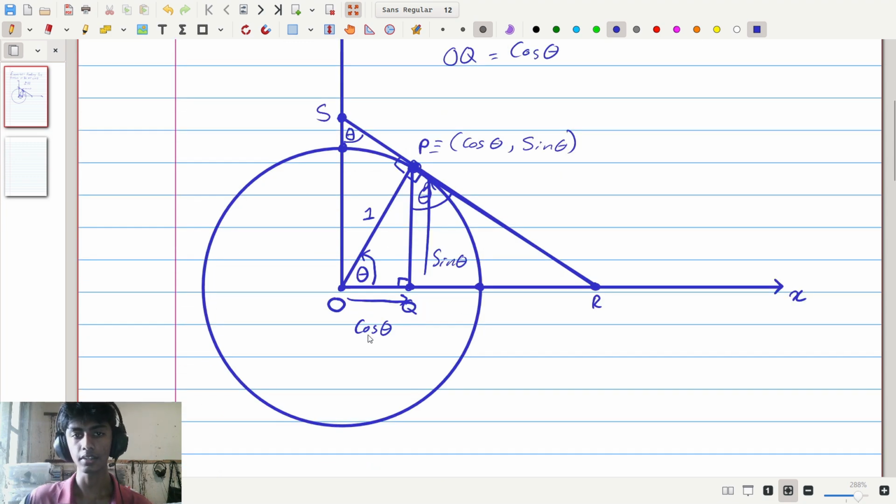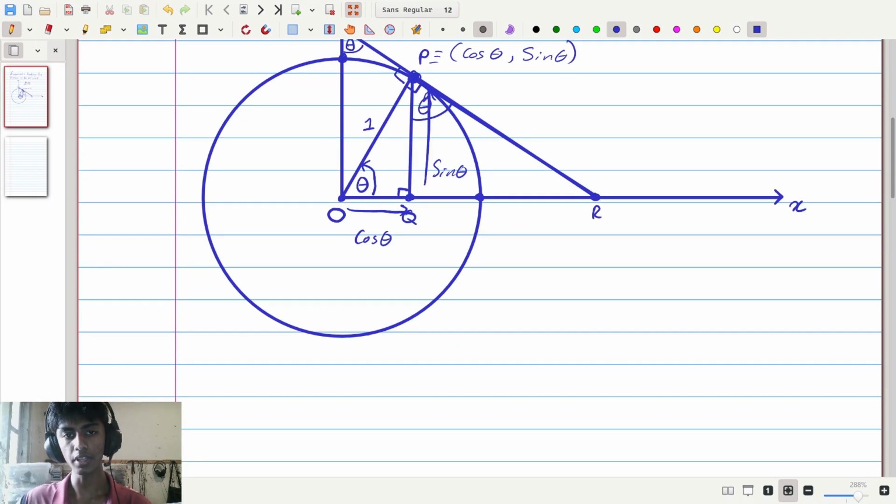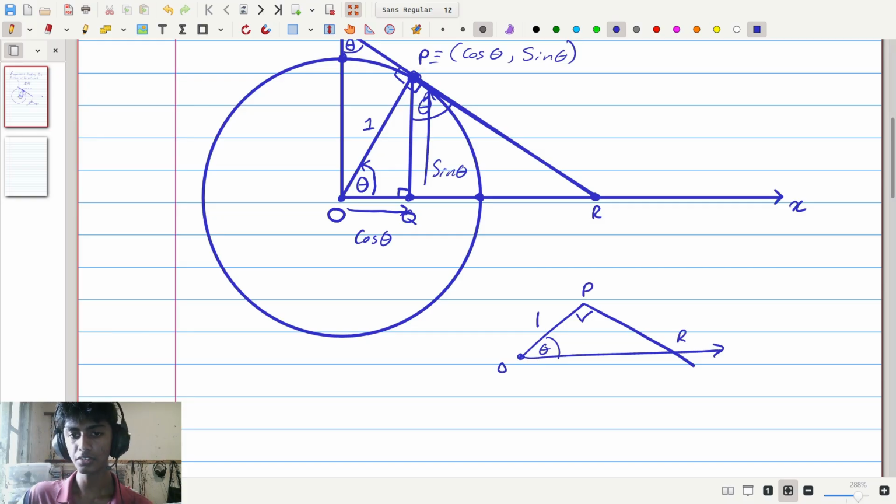Now let's look for the other ones. How about tan theta? Consider the triangle OPR. Within the triangle OPR, we have this side length here, which is 1. We have a 90 degree angle, and we have a horizontal going like this. This is 90 degrees, this angle is theta, this is O, this is P and this is R. In this triangle, considering the side lengths PR and this side length OP, which is 1, tan theta would be PR divided by 1.